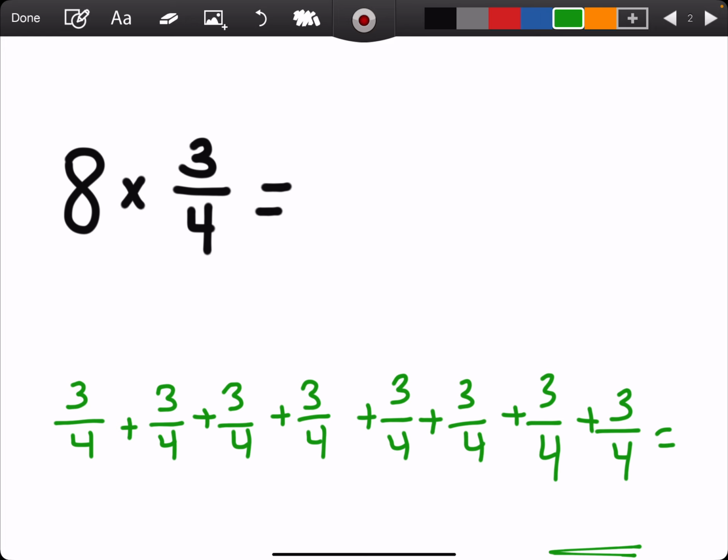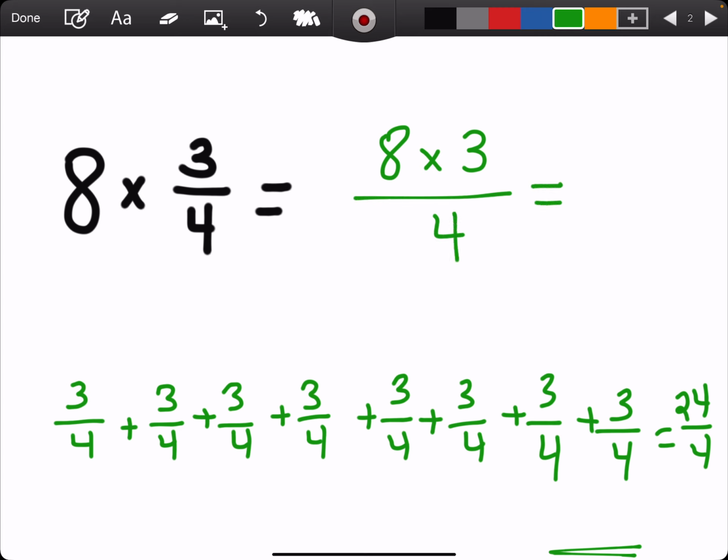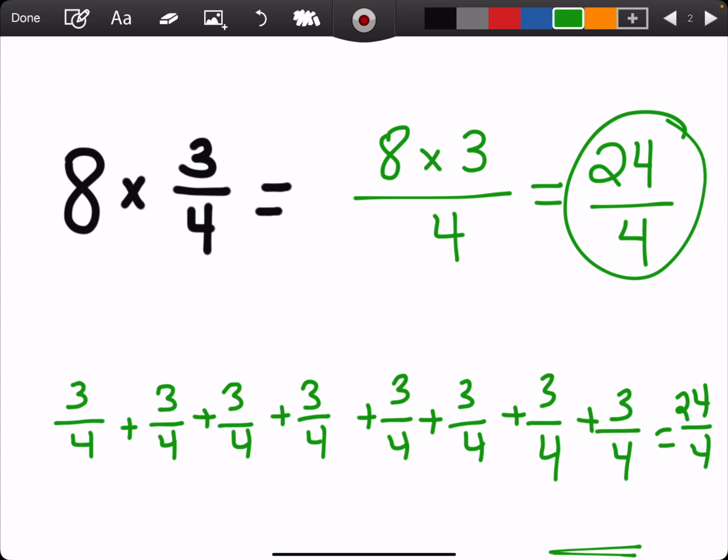So 3/4 8 times. All right. So 3, 6, 9, 12, 15, 18, 21, 24. So it's 24/4. I counted by 3 8 times. So really what I did was 8 times 3 over 4. And what is 8 times 3 over 4? 24 over 4. And that is 8 times 3/4.